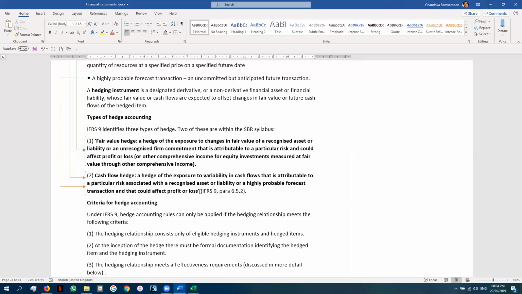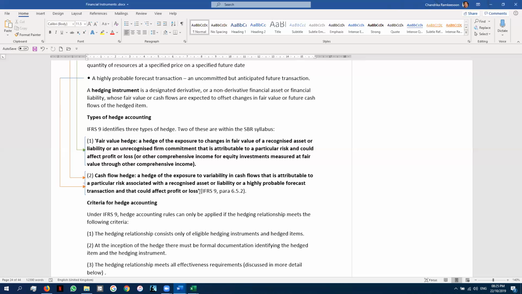And this is why you will find the standard itself and some of the definitions look a little bit complex or confusing. Since we are dealing with two areas of study, financial management and accounting, rather than pure accounting, you will see some of the definitions are a bit confusing to deal with.